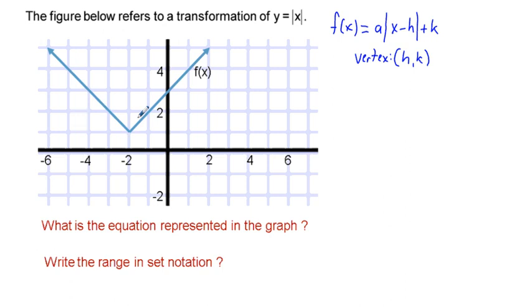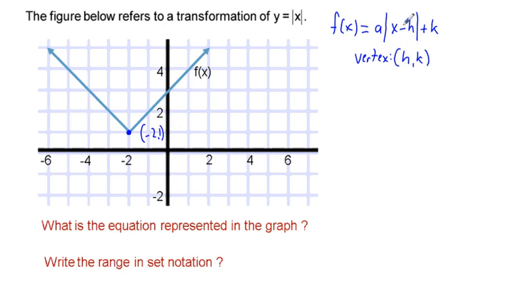So to look at this graph, we look at several things. I guess the first thing I like to look at is the vertex. So we see this vertex here at the point, looks like -2, 1.